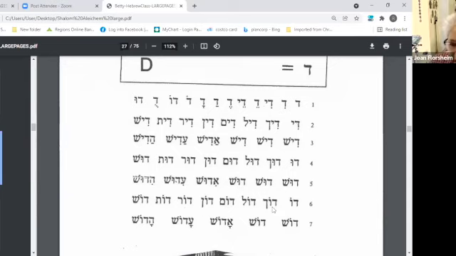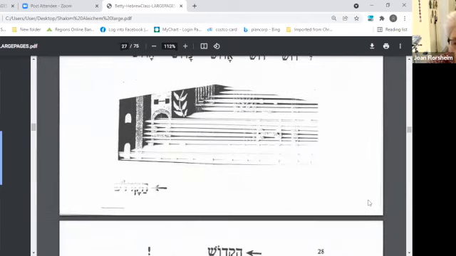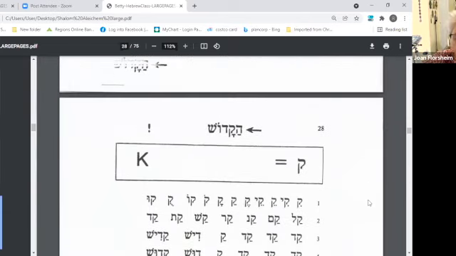Exactly. The final chaf and the nun are similar. The chaf goes across. Okay, go. Dosh, hadosh. Wow. Okay. Let's see what we have.